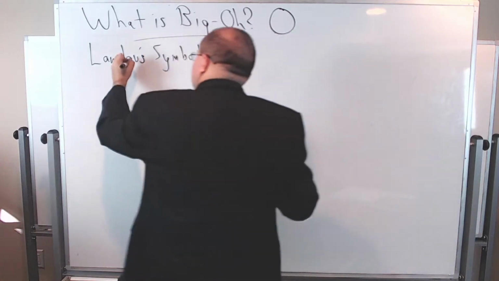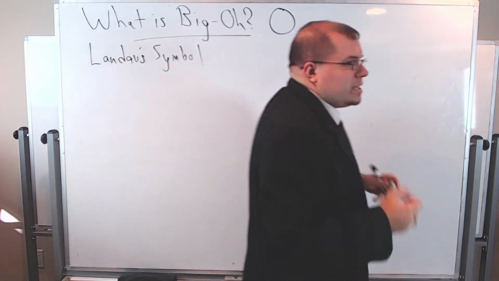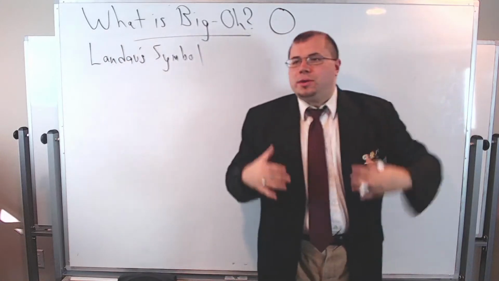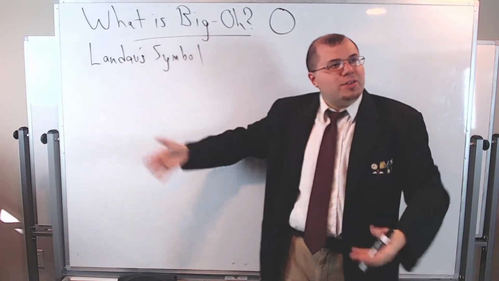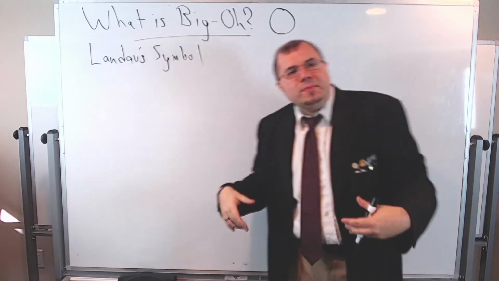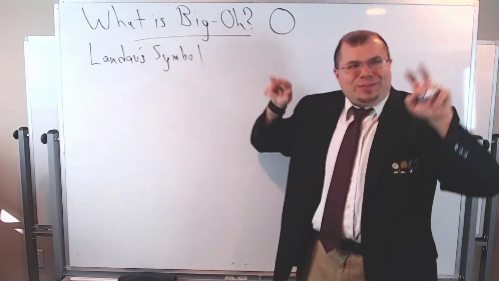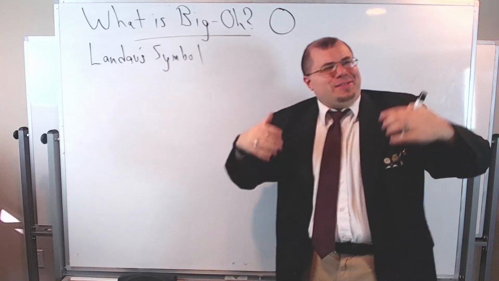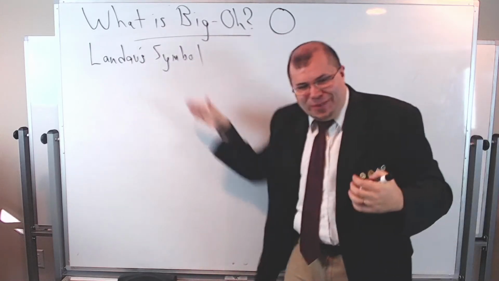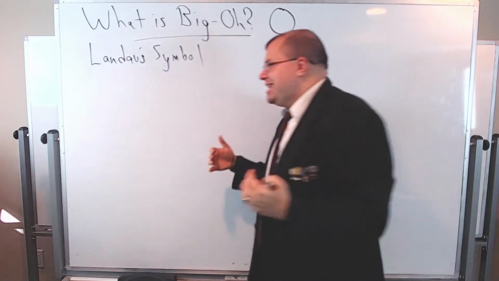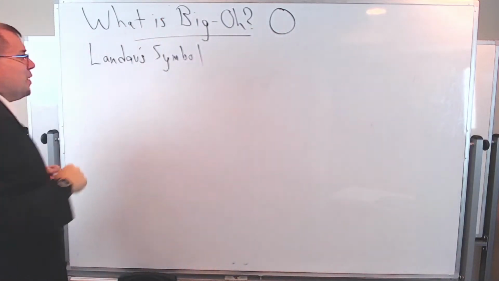Like I said, it was originally designed to talk about asymptotics. When the input of a function grows large, how does that function behave? I'll talk more formally about what that means. What does it mean to behave? How does my function behave? I'll talk about that in a moment.